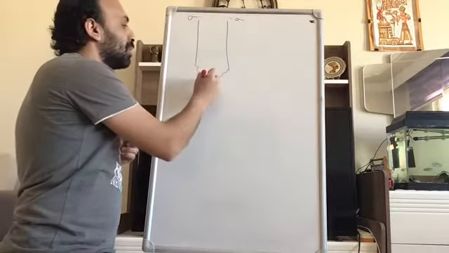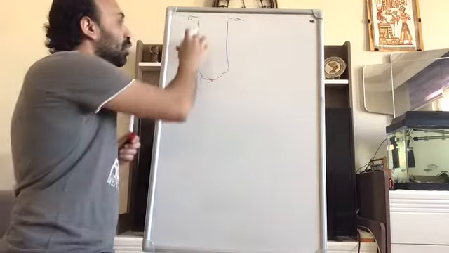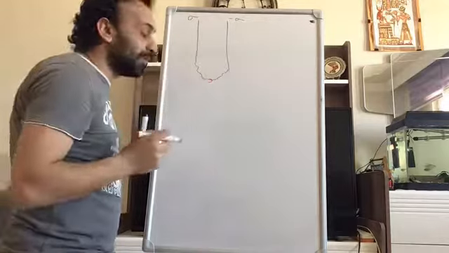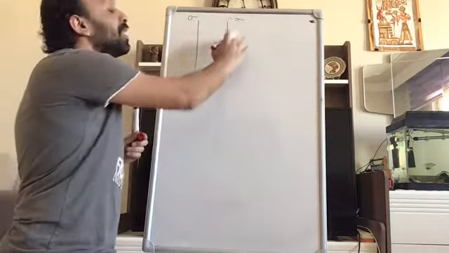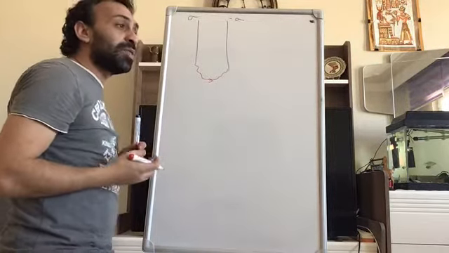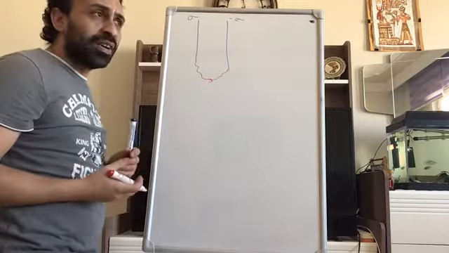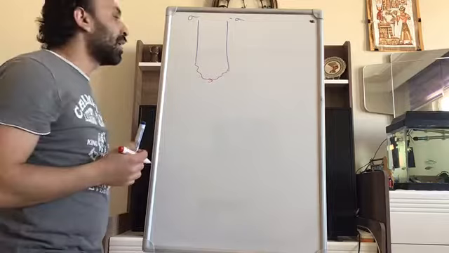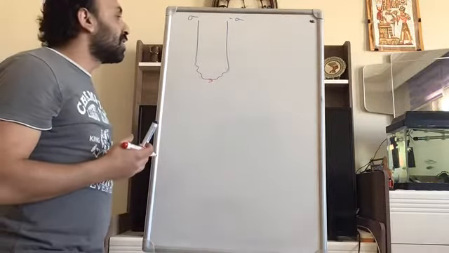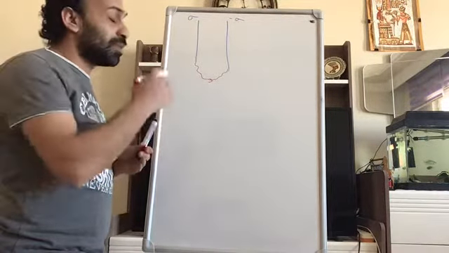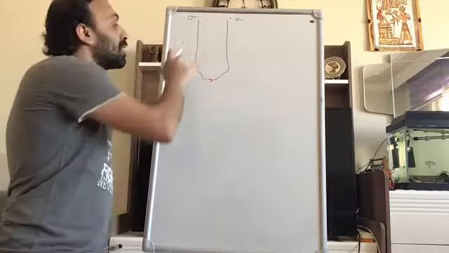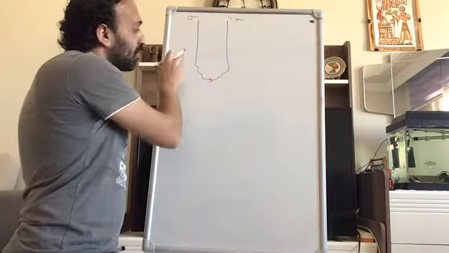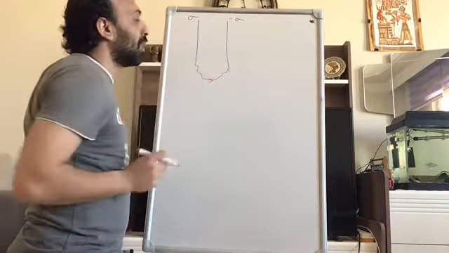Actually, we know the negative charges are moving because the electron, the negative charge carrier, is much lighter than the proton, the positive charge carrier. But conventionally, we assume the positive charges are moving. So the positive charges will start moving from this plate to the other plate.